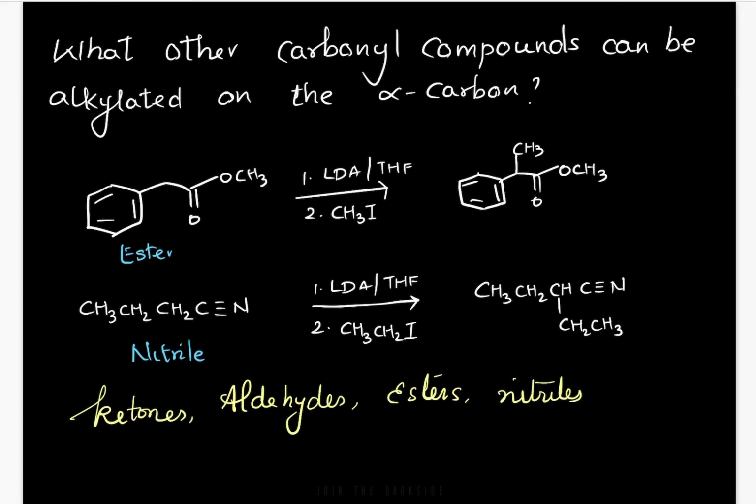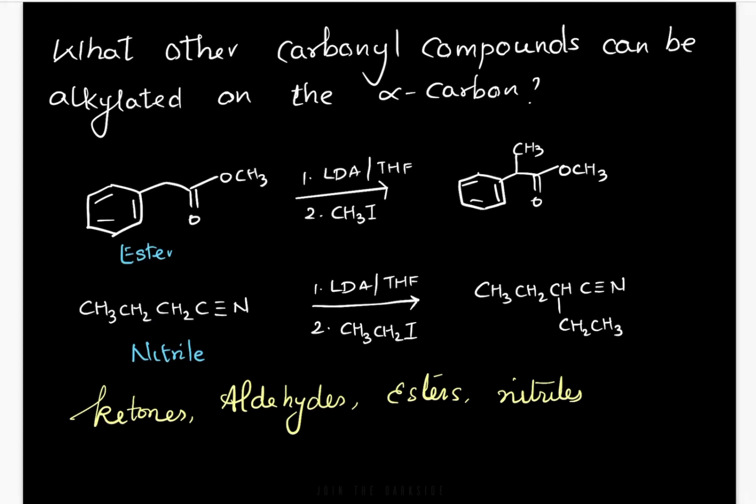Okay, what other carbonyl compounds can be alkylated on the alpha carbon using enolate? Normally you can use aldehydes and ketones, but you can also use esters and nitriles. And again, the mechanism is going to be the same.